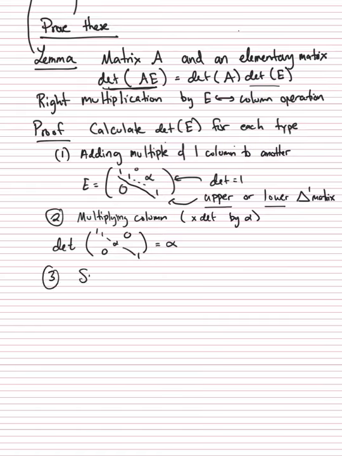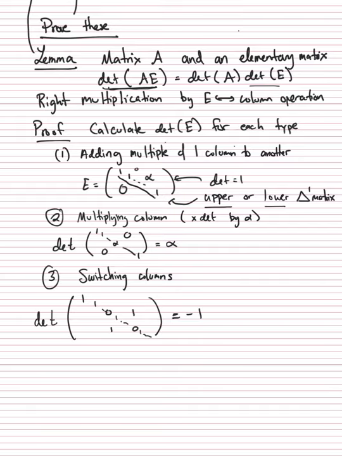Similarly, there's switching columns, which you obtain by multiplying with the elementary matrix with ones along the diagonal and a 1 and a 1 in the swapped positions. What I've done is switch two columns of the identity matrix. Since the identity has determinant 1, switching two columns gives determinant -1, by our basic property.